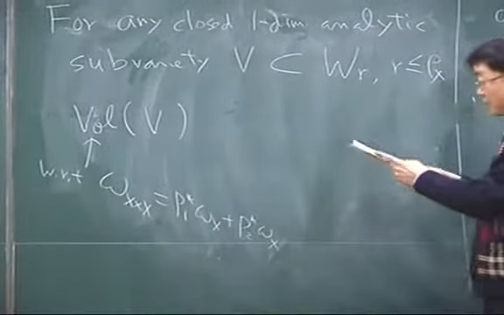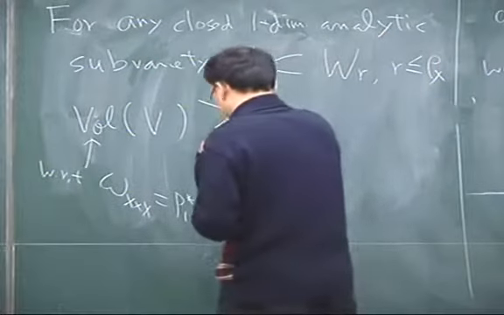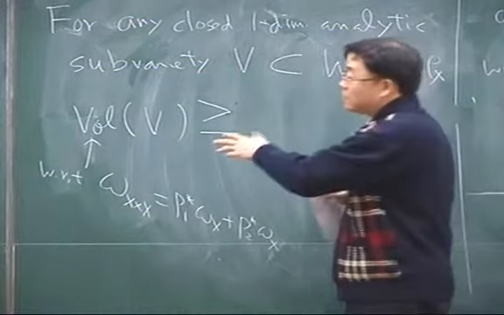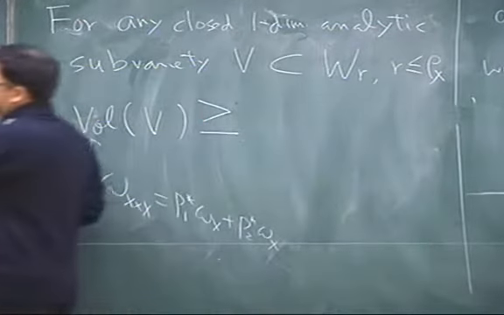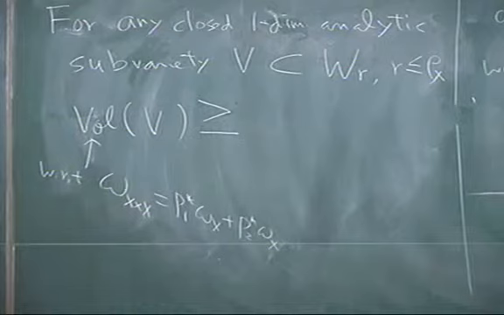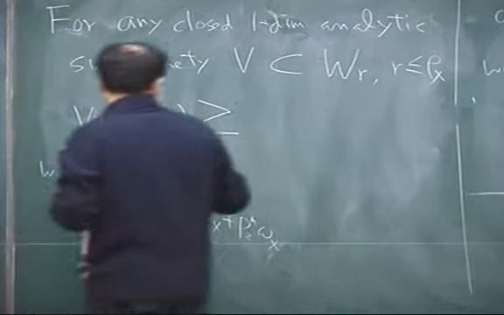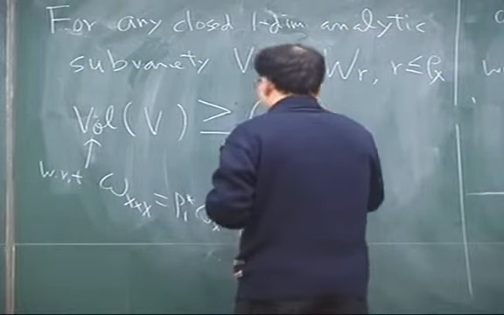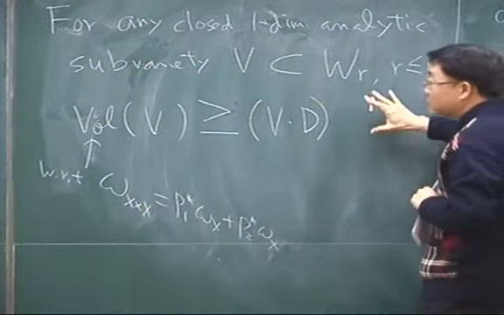This volume is, in concept, similar to Federer's inequality. Here, one point corresponds to the diagonal, so the multiplicity should be replaced by the intersection number of V and D. And then what's the minimum volume?